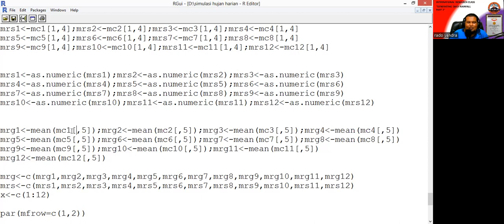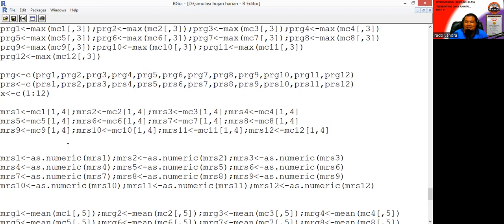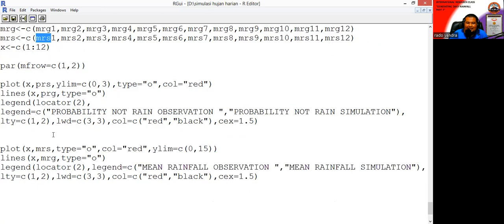This is for the mean rainfall of January until the mean rainfall of December. So we have the mean rainfall for the simulation, and this one is the mean rainfall for the observed, or real, data. After that, we run our program and we make plots.